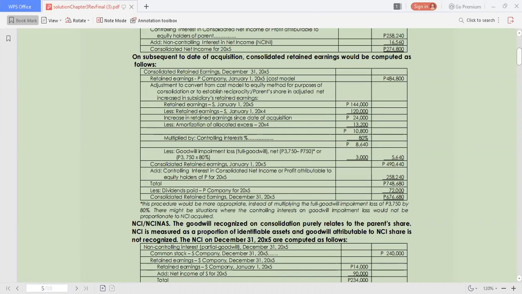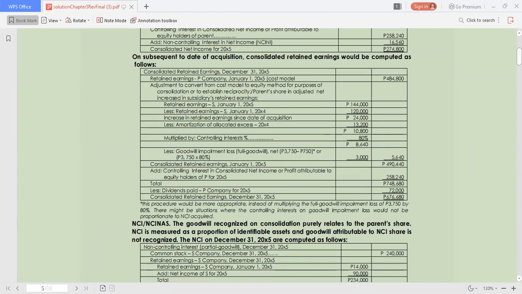You get 8,640. Now for the goodwill impairment loss on full goodwill, 3,750 minus 750 or 3,000 under full goodwill. So we have the difference of 5,640. The consolidated retained earnings of 490,440.